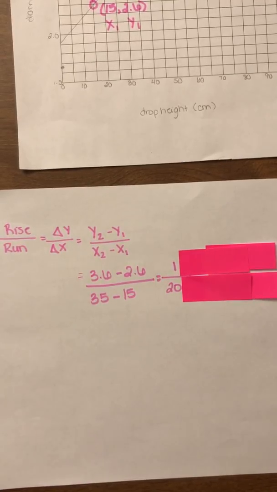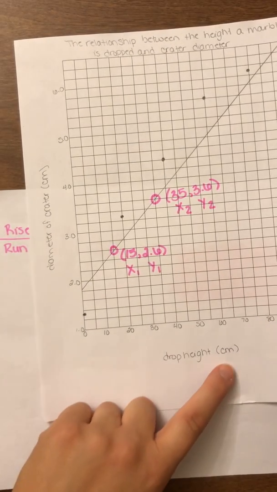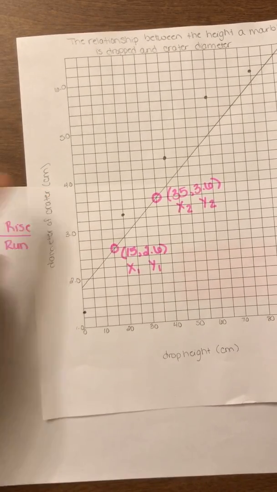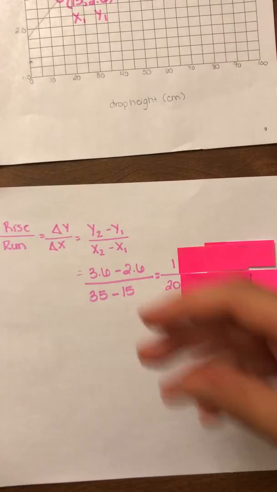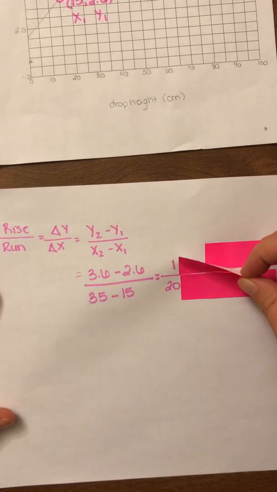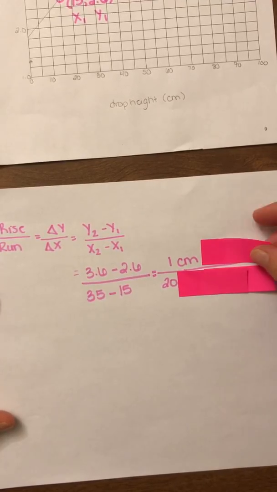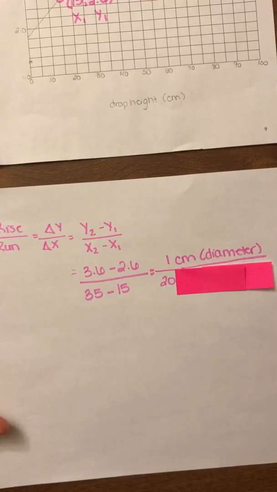After we have done those calculations, now we need to start worrying about the units. We can notice that the units on the x and the y are both centimeters. So we need to be rather specific for our units. So we have that 1 centimeter in the numerator, but I'm gonna add in the word diameter.